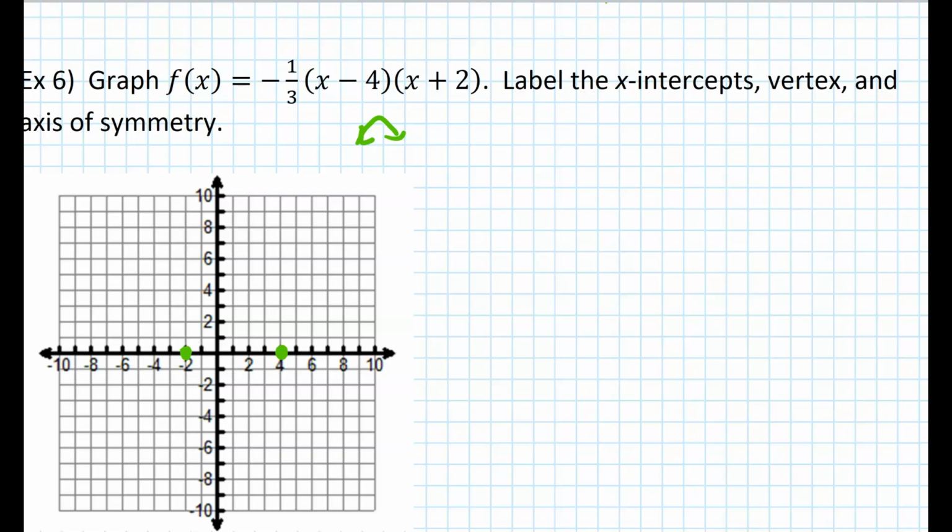Okay, so we can actually eyeball this one, but I'm going to go ahead and solve for it, just so we remember. So p is 4, q is -2, divided by 2. So 4 minus 2 is 2, divided by 2 is 1. But again, this one was pretty easy to eyeball.